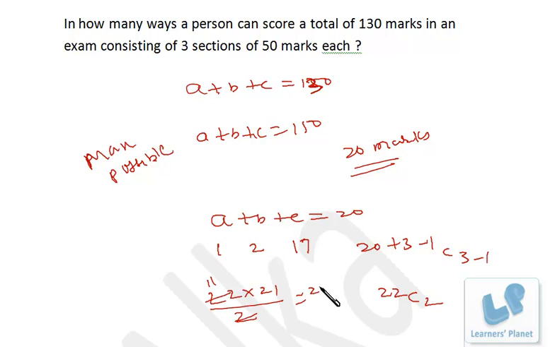So that's 231 ways when the person will be getting the total as 130, keeping the upper limit of any section as 50 marks. That means none of A, B, C will be crossing 50. Okay, so in all there are 231 ways. So this problem becomes simpler if we take the reverse approach. Okay, let's take some more examples.